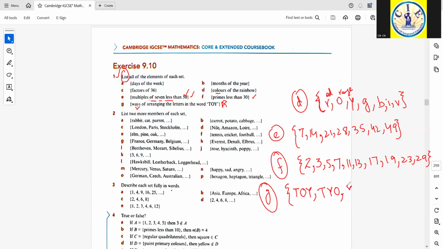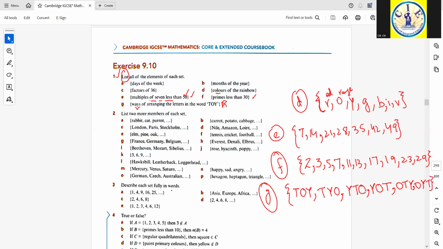In the same way, I can have Y fixed at the first place. Then I can have either the arrangement of T and O like this or like this. And finally, I can fix O first, and then I can have the arrangement of T and Y like this, or OYT.